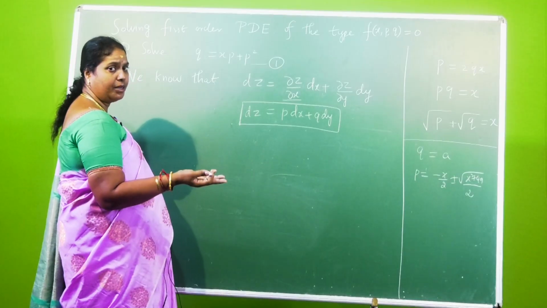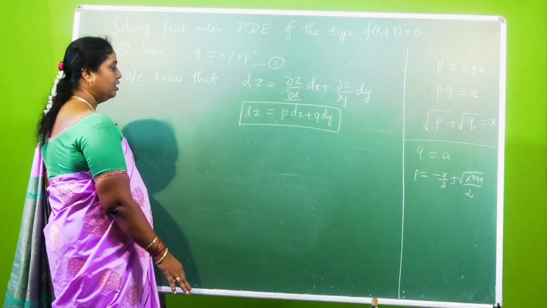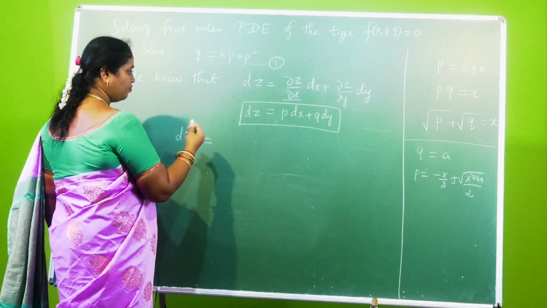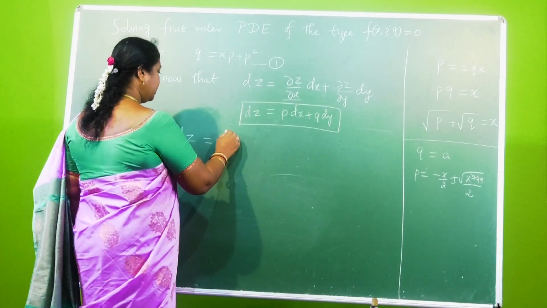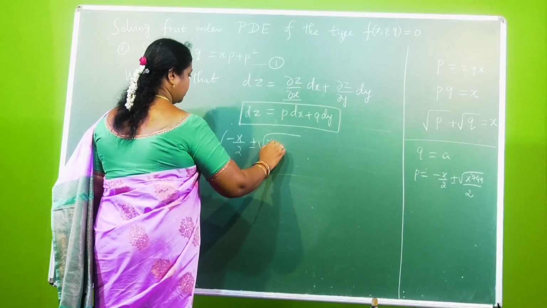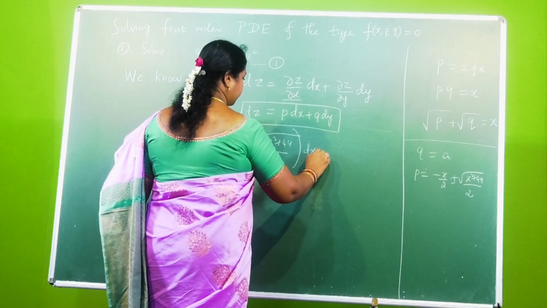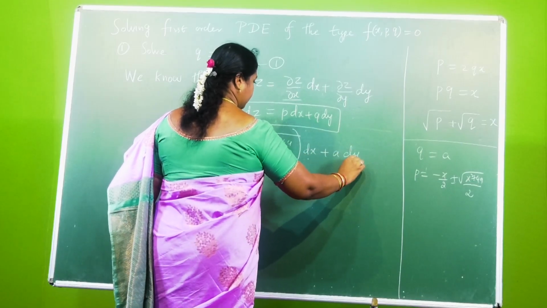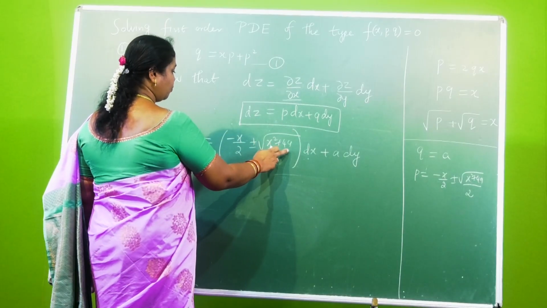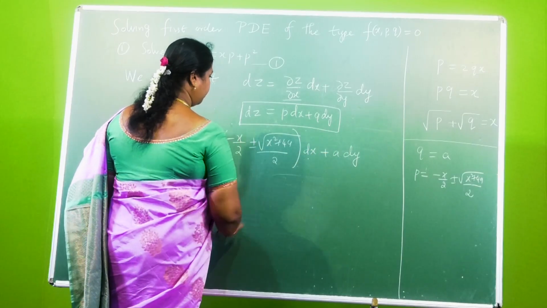So most of the time our main aim is to find out what is p, what is q. And now we are going to substitute here the values of p and q. So what is p? That is minus x by 2 plus or minus square root of x square plus 4a, divided by 2, dx, plus a, since q is a, so a dy.